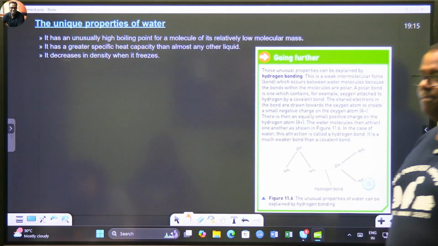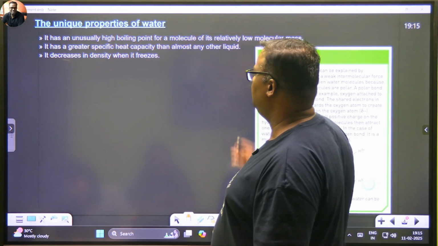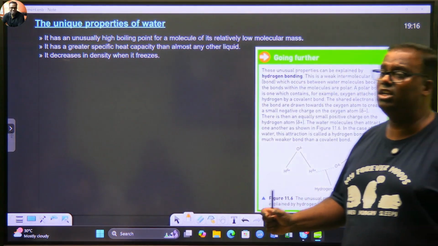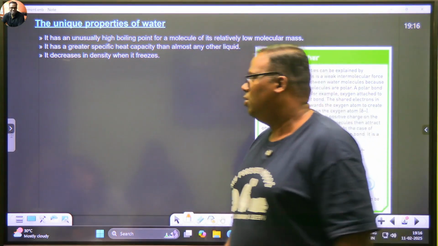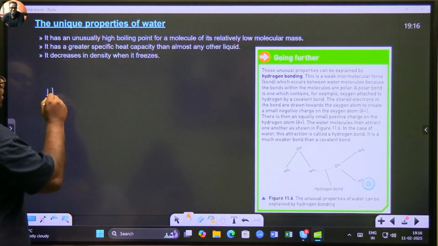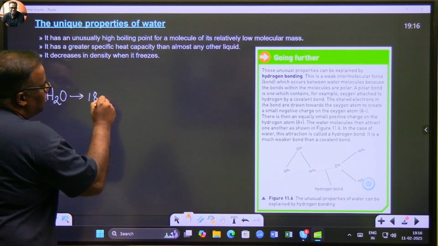The next one, unique properties of water. Here we will spend some time. The first one is water has an unusually high boiling point. Let's talk about the molecular mass of 1 molecule of water. How much is it? 18 atomic mass unit.